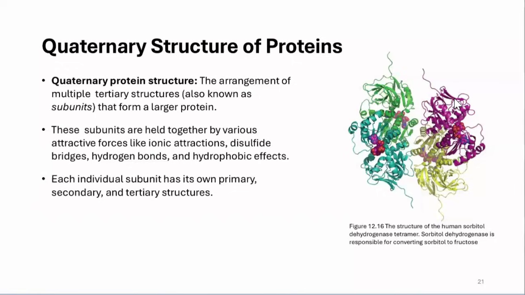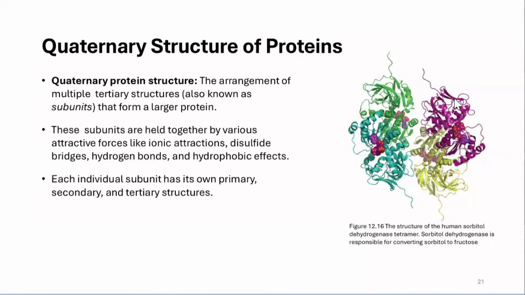When it comes to a protein that has a quaternary structure, understand that even though it is made of subunits, each subunit is going to have its own primary structure, secondary structure, and tertiary structure. An important protein in humans that has different subunits is sorbitol dehydrogenase, which is responsible for converting sorbitol to fructose.